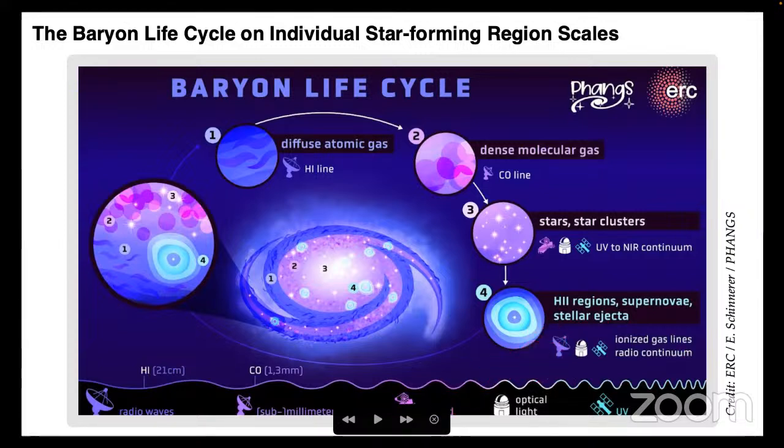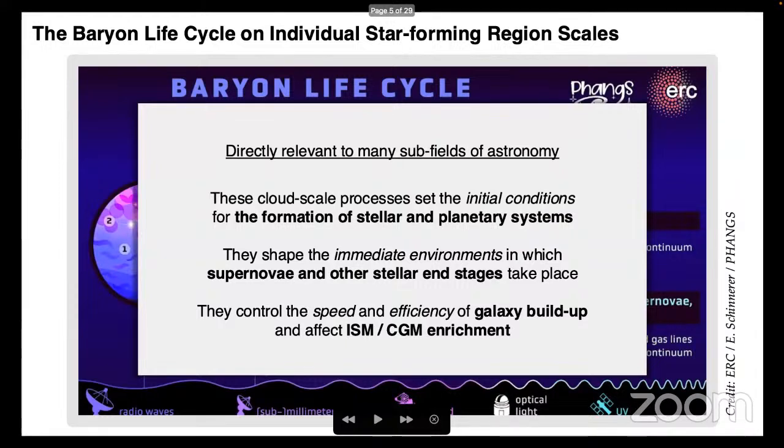So this is the basic idea of the baryon life cycle on the scales of individual star-forming regions, which are the fundamental units of star formation in galaxies. Now, for this audience, I do want to emphasize that this is relevant to a lot of fields in astronomy. On the smaller scales, these processes set the initial conditions for the formation of stellar and planetary systems.